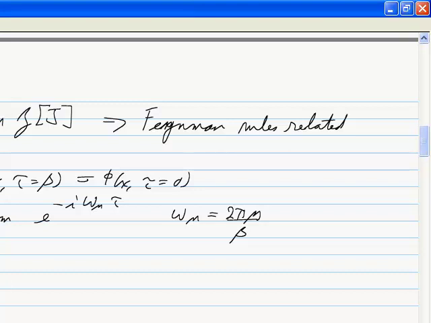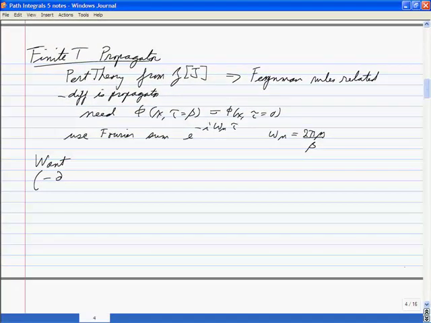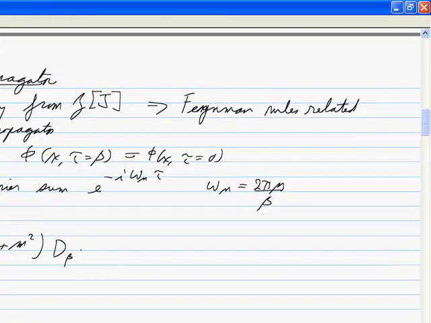Basically, what you want is minus d squared d tau squared minus del squared plus m squared. So I've changed the sign on the time piece, times this propagator, which I could call D beta, is delta of tau minus tau prime, delta 3 of x minus x prime.